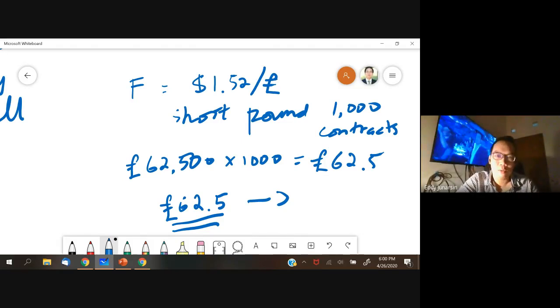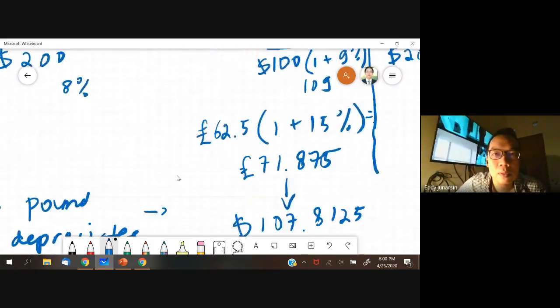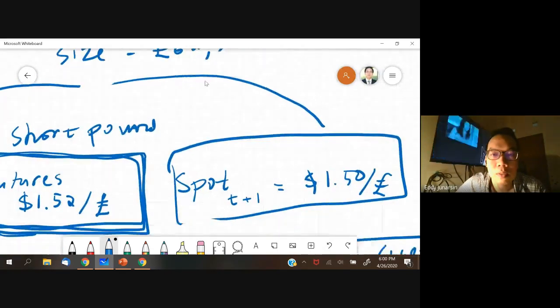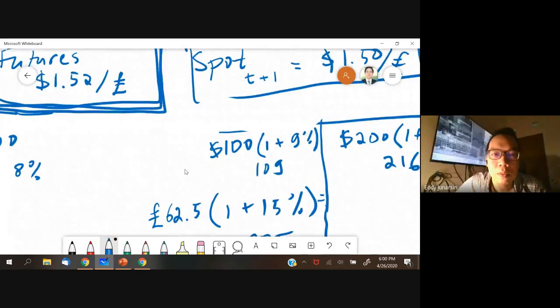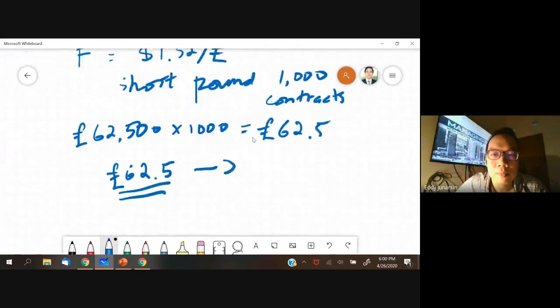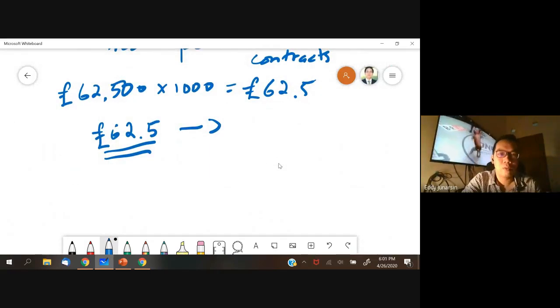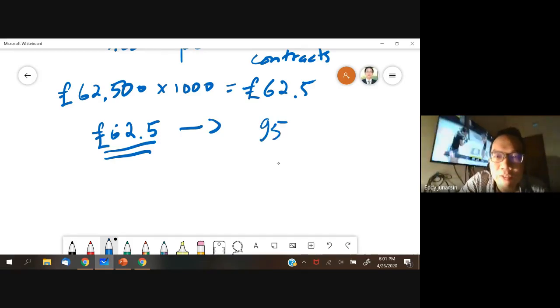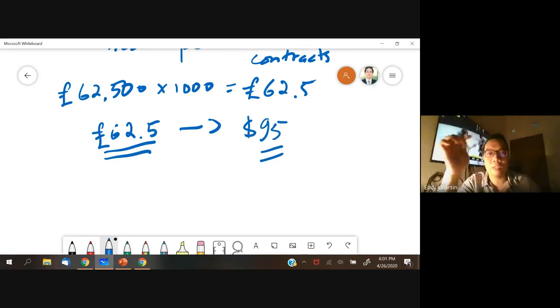So the amount that you will get would be 62.5 times 1.52, which is 95. So you will get 95 million dollars, right?